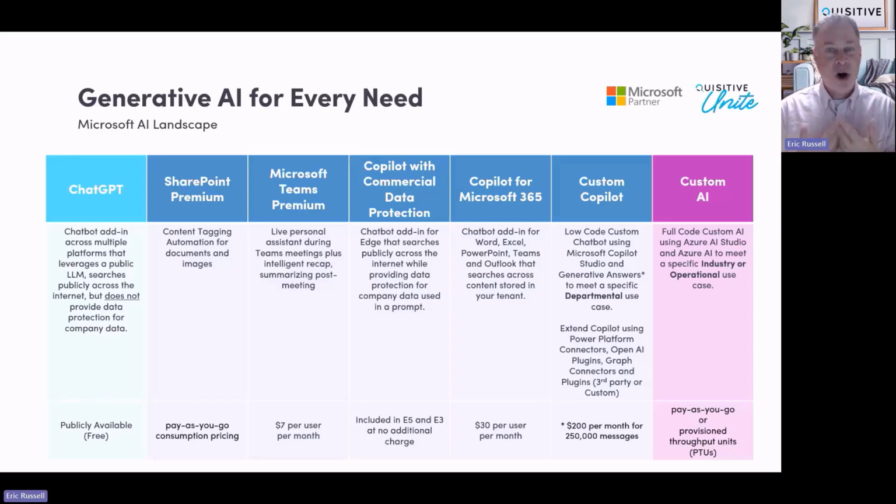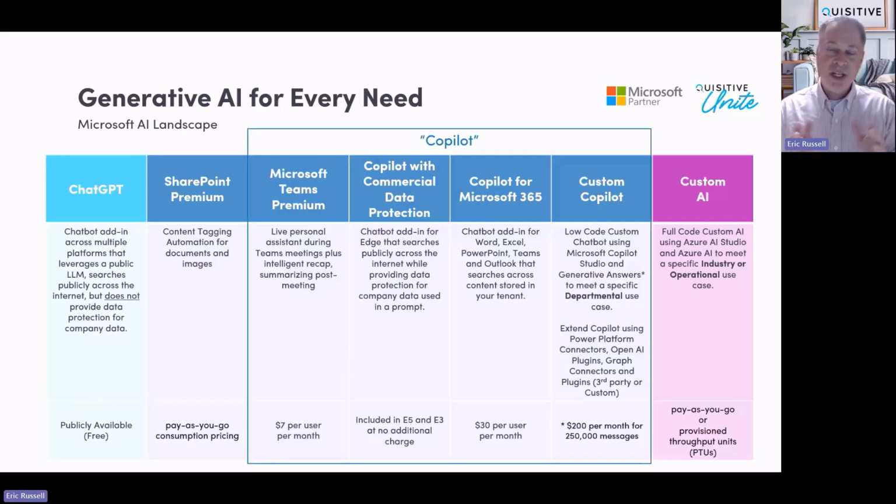When people begin talking to me about Copilot and the framing of that conversation is Microsoft 365, generally speaking, not always, they are lumping Microsoft Teams Premium into that conversation, along with Copilot with commercial data protection, along with the Copilot for Microsoft 365. That's the $30 per user per month license, as well as custom Copilots. The reason we oftentimes see those conversations bundled together is because they all offer a very similar user experience.